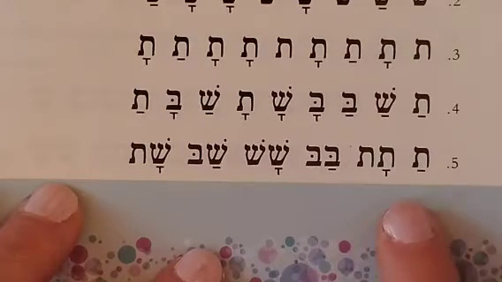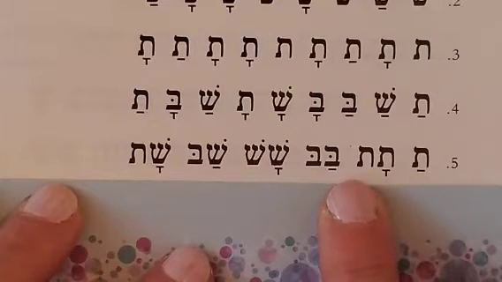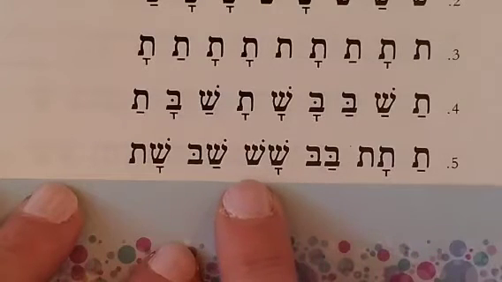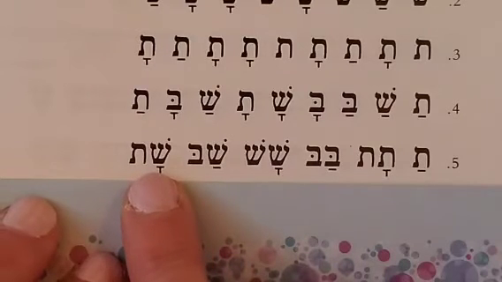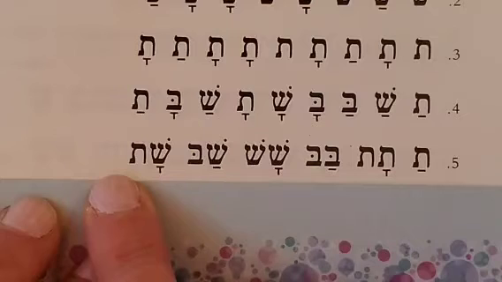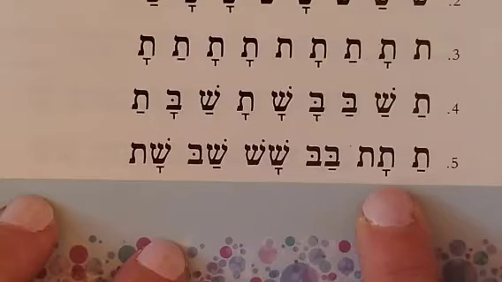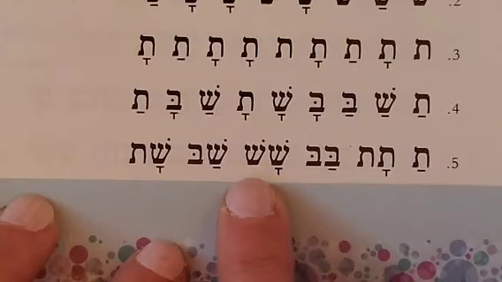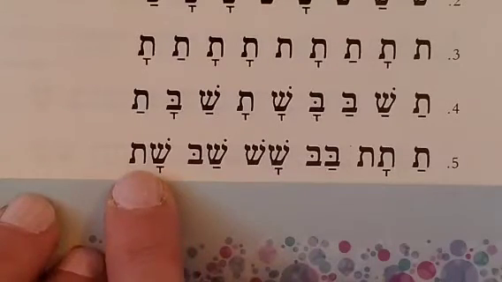Why don't you try line number 5 on your own? All right, how'd you do? Let's try it once together. That's ta, t, ba, b, sha, sh, sha, b, sha, t.